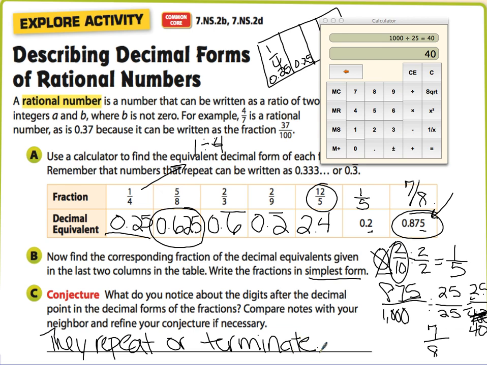Okay, so in this case, this sign here means that it is a repeating decimal. These are all rational numbers, okay? So since they're all rational numbers, they all have to repeat or terminate, otherwise they are not rational numbers.